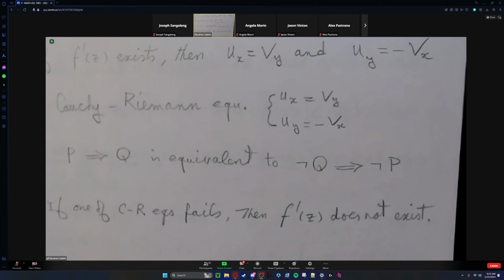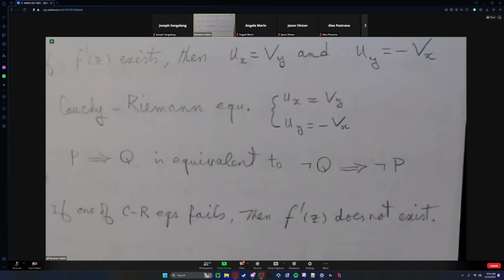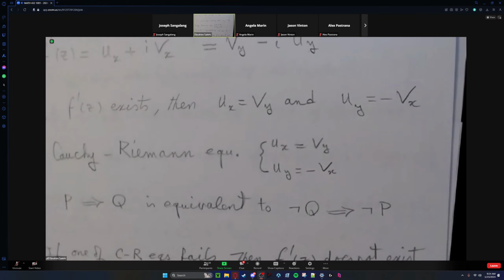Any comment, any question? This last part, I hope you don't get lost in the technicality of proving the Cauchy-Riemann equations. But here is the main fact.